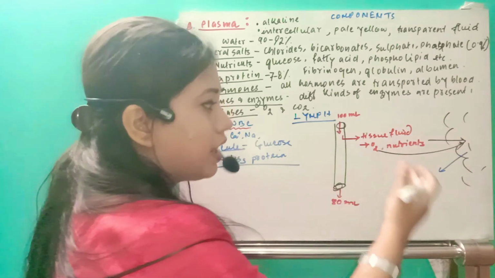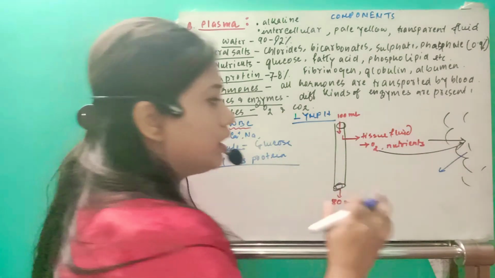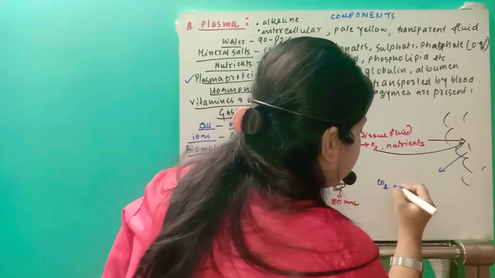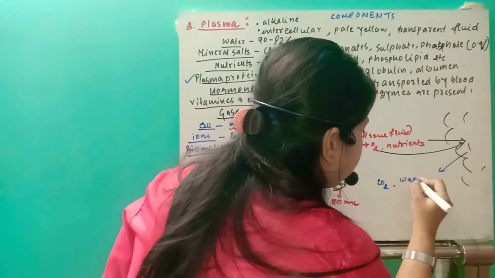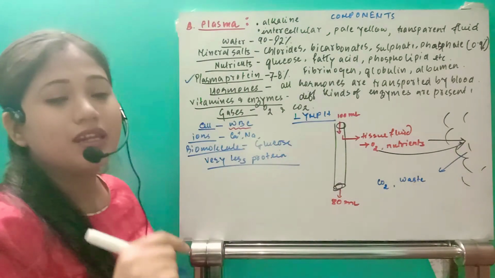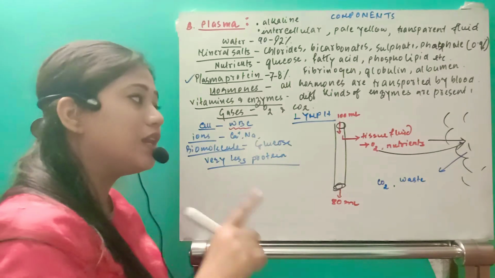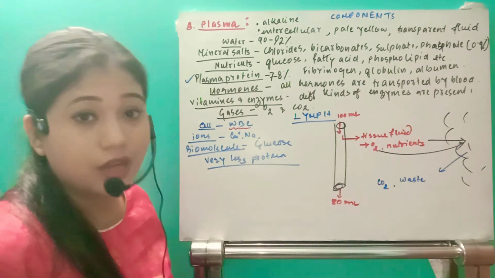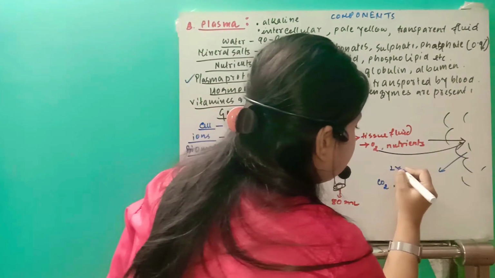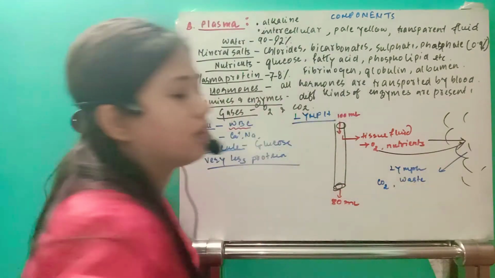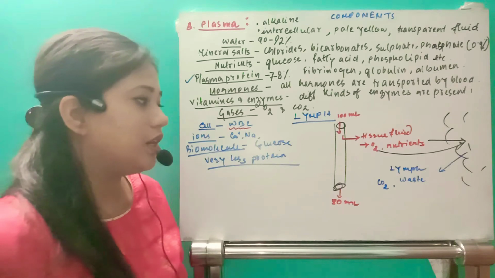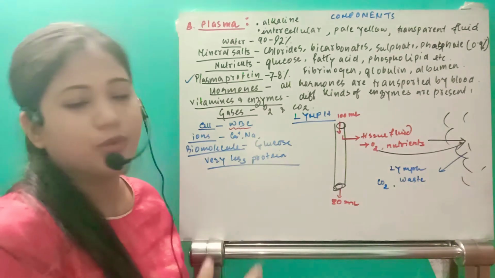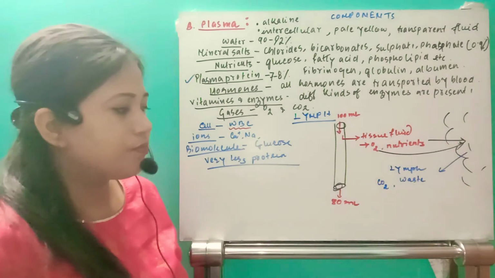Once the tissue removes this carbon dioxide and waste into it, that fluid, which was earlier known as tissue fluid, we now call the lymph. Understand? That is the lymph, which now has carbon dioxide and waste.